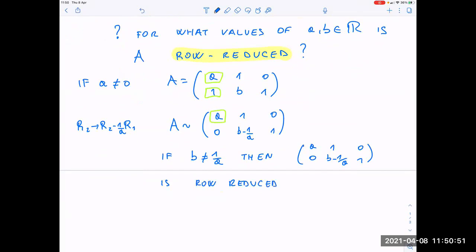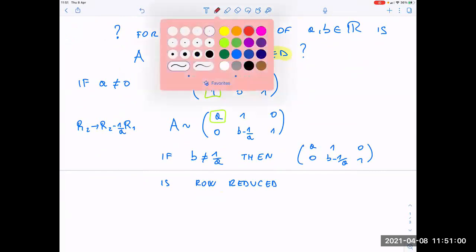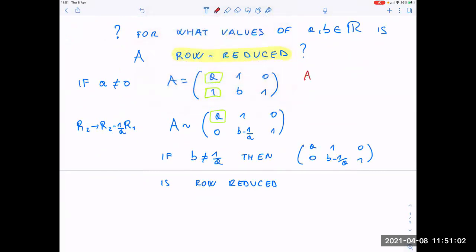So what is the situation? If A is different from 0, then the matrix A is not row reduced because there are 2 markers in the first column. If I want to row reduce it, I can follow this process.